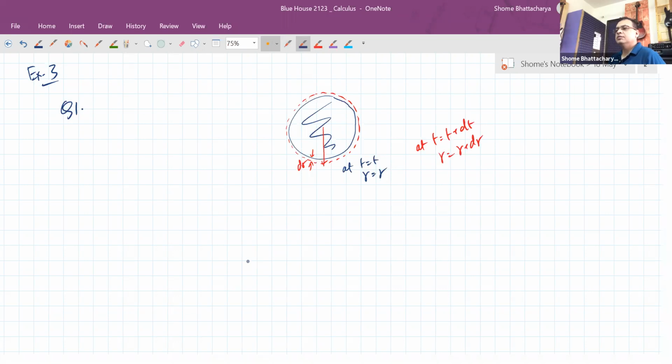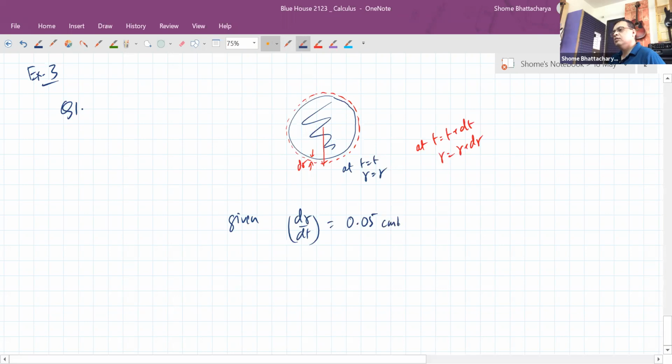Now it is given to us that the rate at which the radius is increasing is half a millimeter per second, and that's 0.05 centimeters per second. So this is given: the rate at which the radius is expanding.